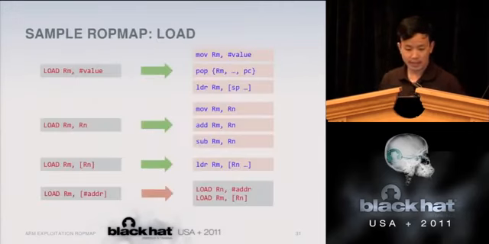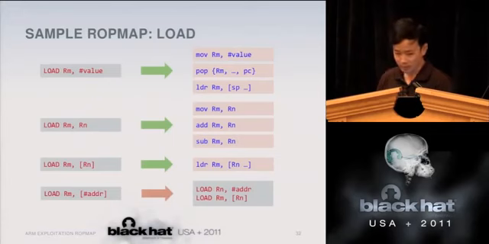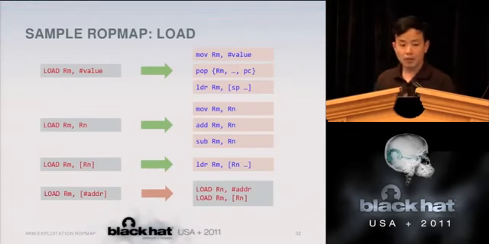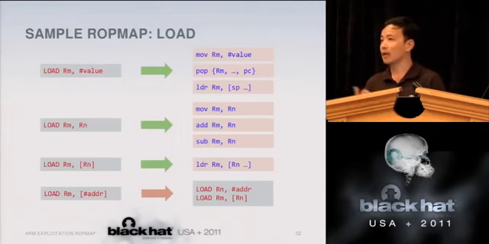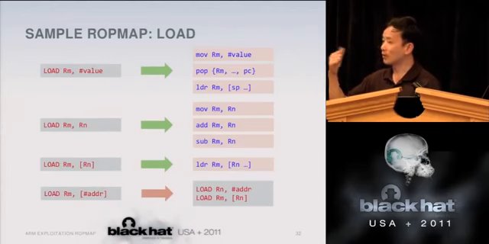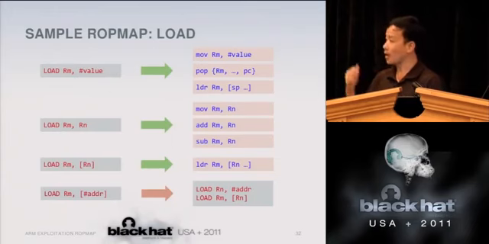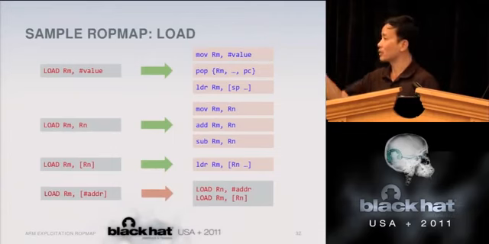Here I will show a simple ROPMAP for the load instruction. The idea is simple. Let's say you want to load a register with a value. Among the available assembly gadgets, we have, let's say, the instruction move value to register, or it can be a pop instruction to pop a value from the stack to the register, or it can be the LDR instruction to load the register from the stack.